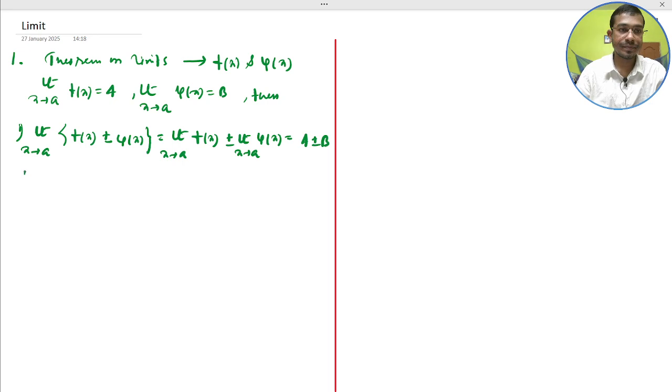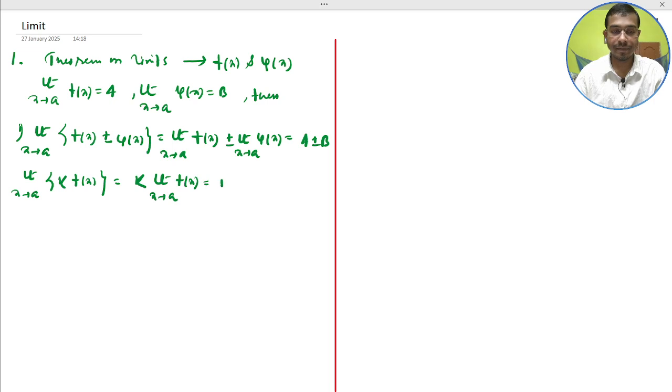Second, limit x tends to a of k multiplied by f(x) becomes k times limit x tends to a f(x), that would become k times a.